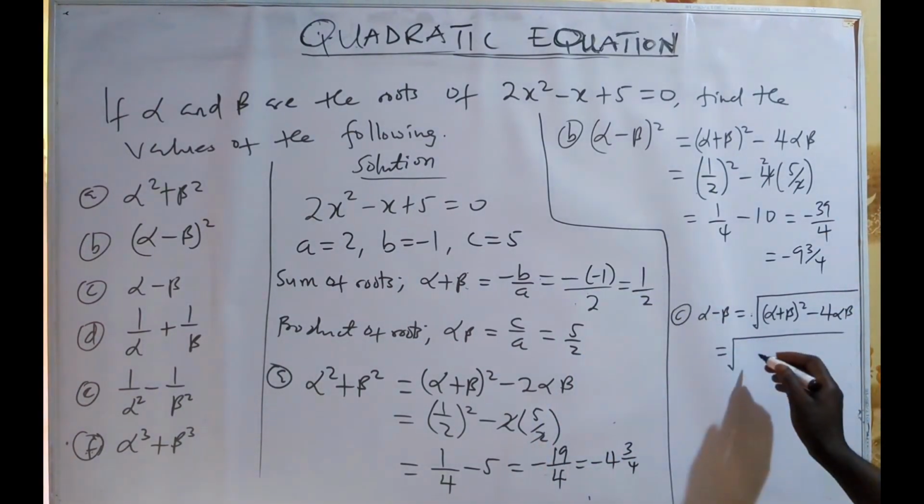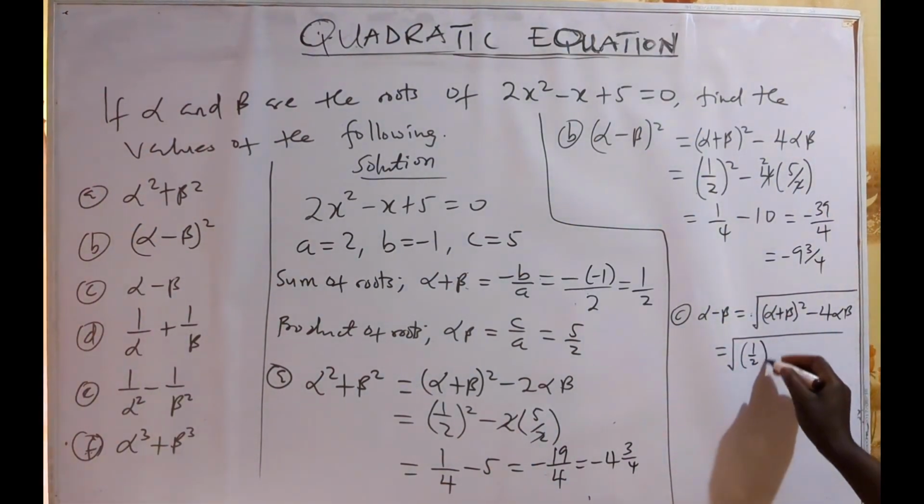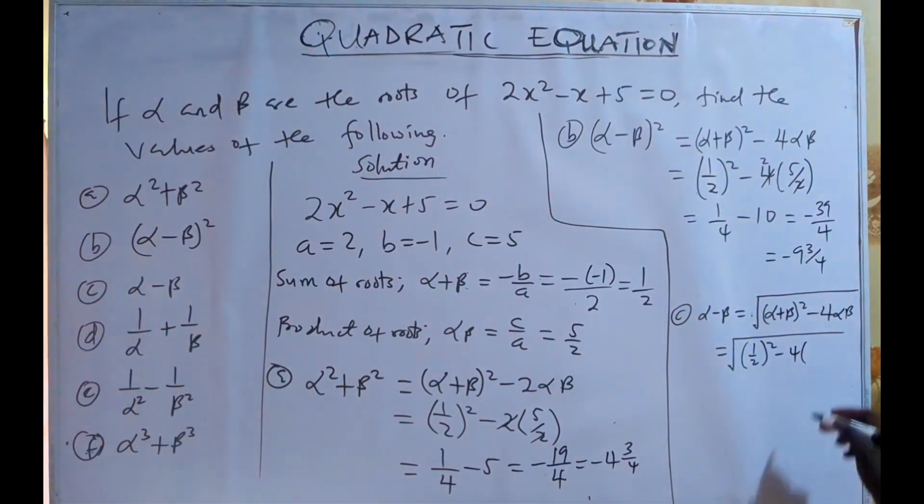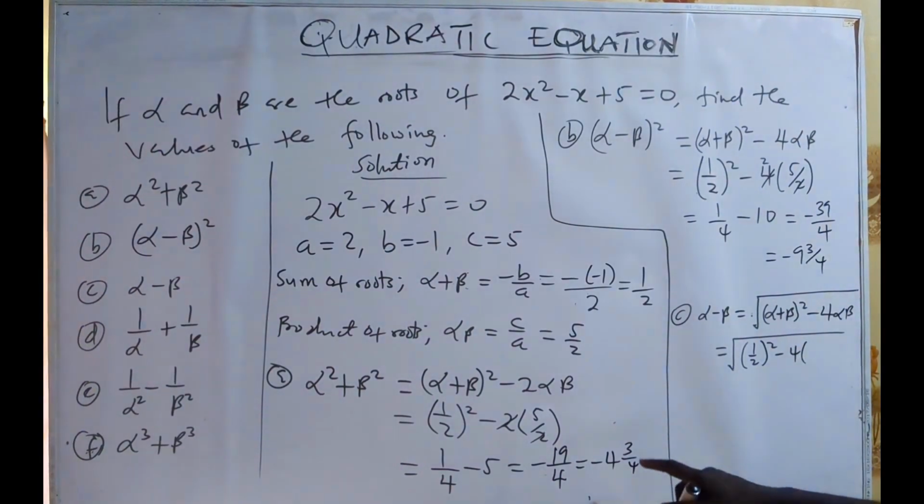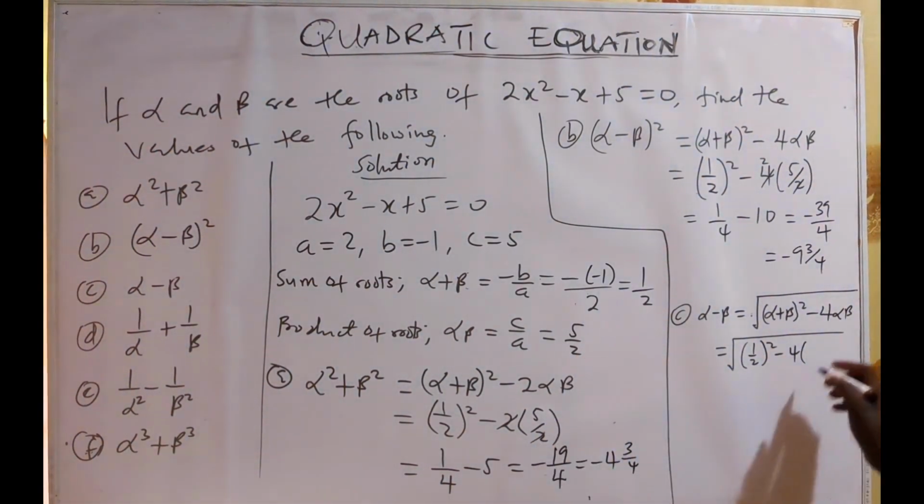Alpha plus beta is 1 over 2, so 1 over 2 squared minus 4. What is alpha beta? That is 5 on 2.